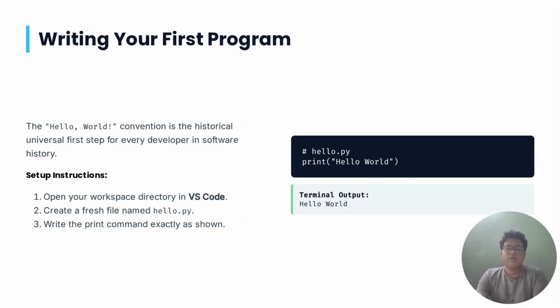Now the wait is over. We will be writing our very first Python code, which is pretty simple and easy, to be precise. Let me get it. Yes. So the Hello World convention is the historical, universal first step of every developer in the software industry.